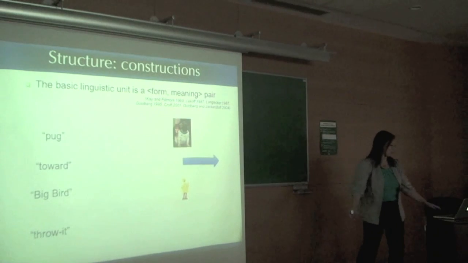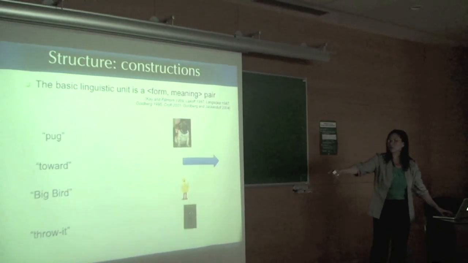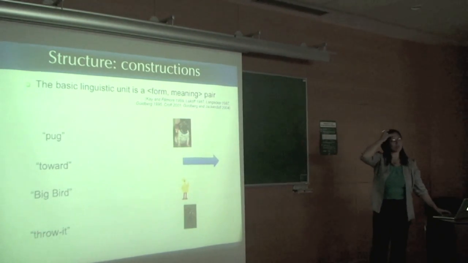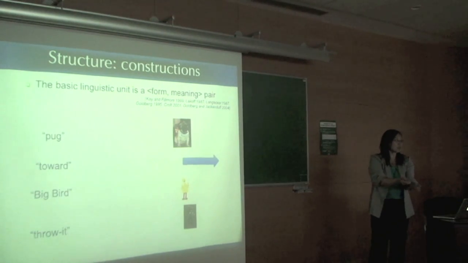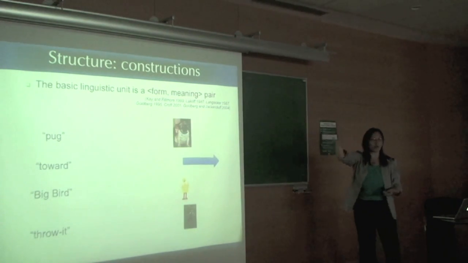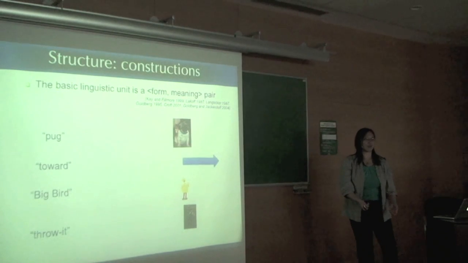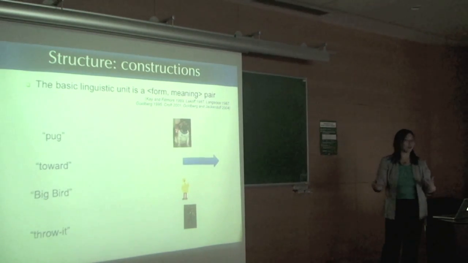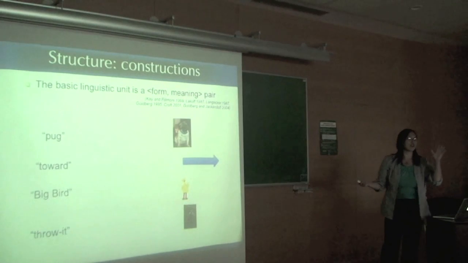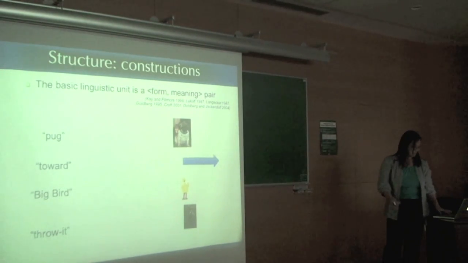And then this last one, a lot of kids say things like "throw it." They may or may not know that there are two words there. They may or may not have a pronoun, but they know that they're doing this thing and it's that thing that they're playing with, okay? So all of these are mini constructions. I work on child language too, which is why I have examples like this.